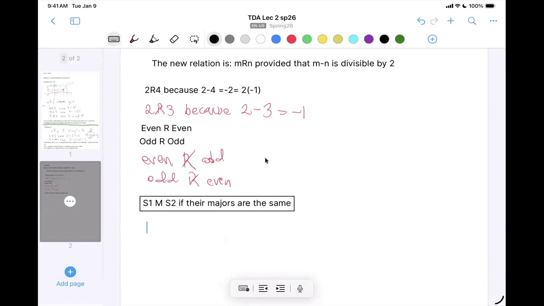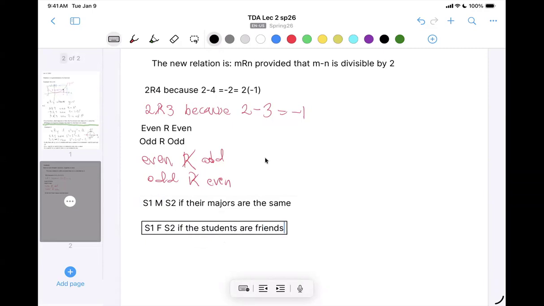And here's another one: S1 F S2 if the students are friends. This example will actually be useful for a clustering thing that I'll tell you about in a moment, so I'm bringing it up for strategic purposes.